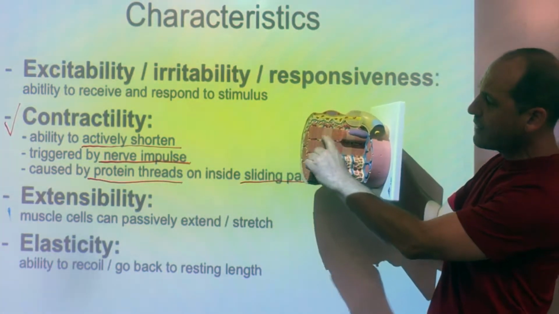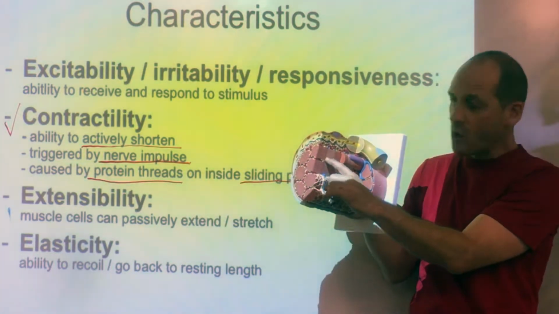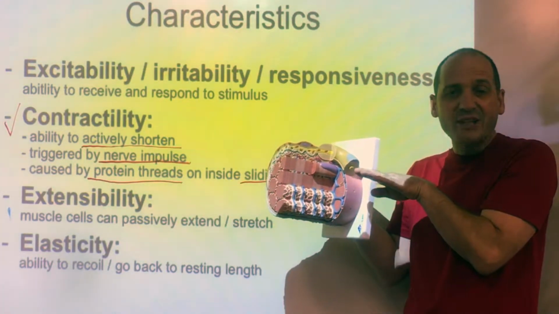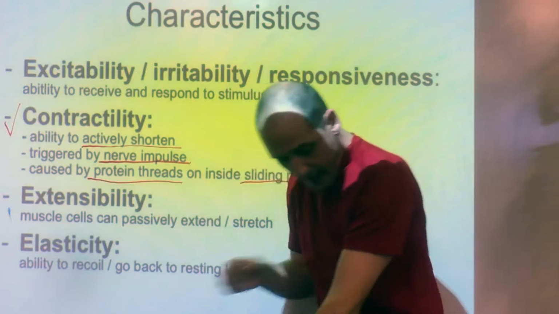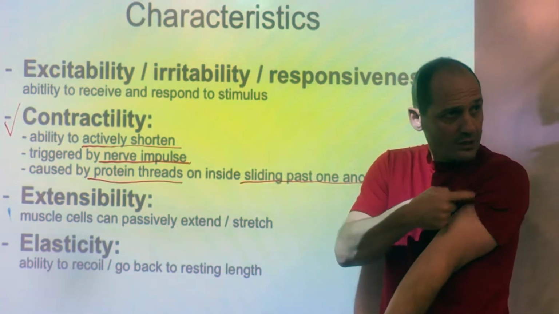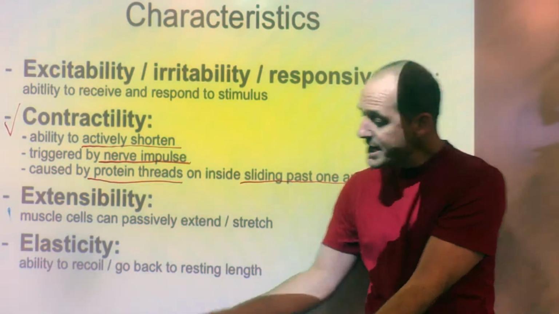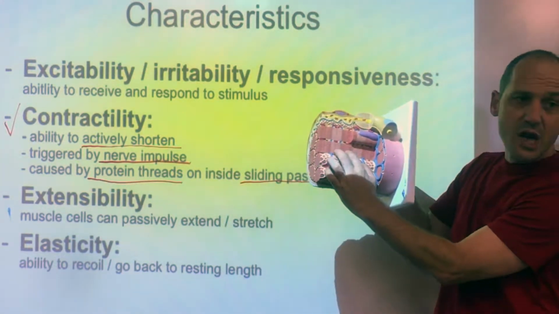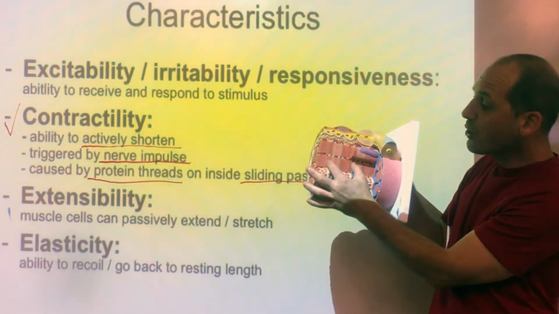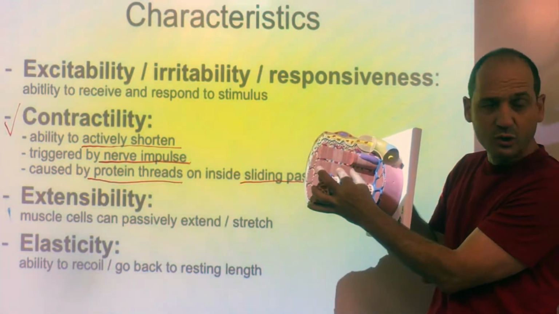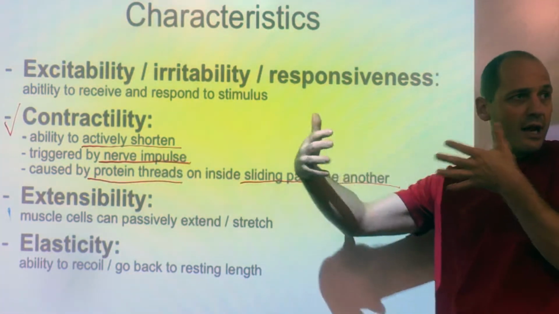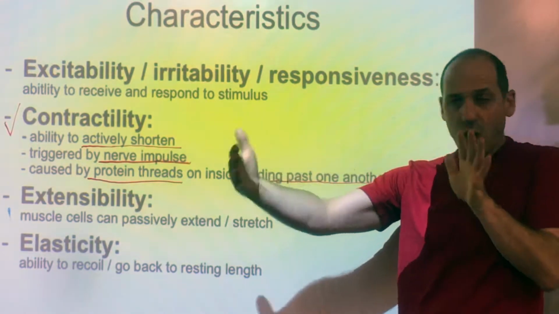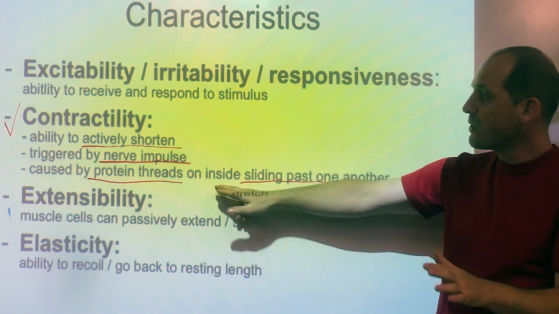There are long little lines, and the protein threads are arranged the whole length of the muscle, which in an arm can be the whole length. And when these two different types of protein thread hold on to each other and come closer towards one another, the muscle as a whole comes closer. It's kind of like a tug of war a little bit. And the muscle shortens as a whole. And that's what's happening in there.